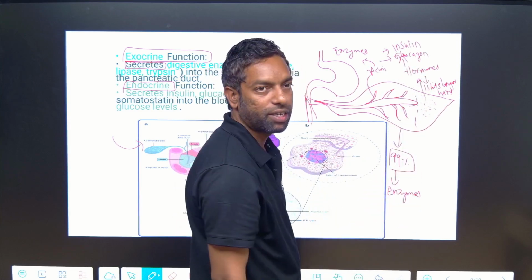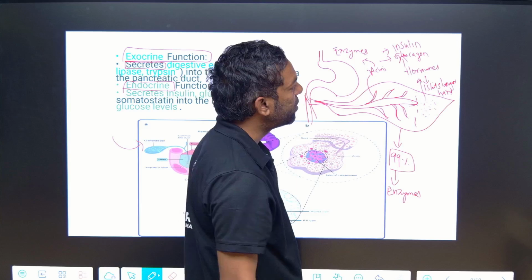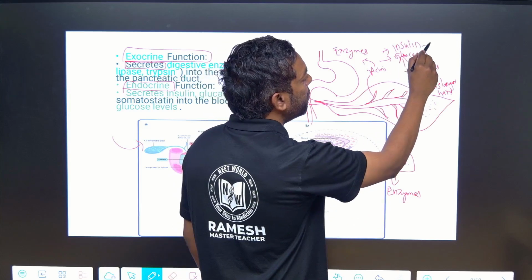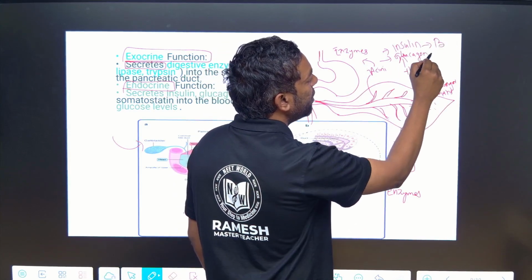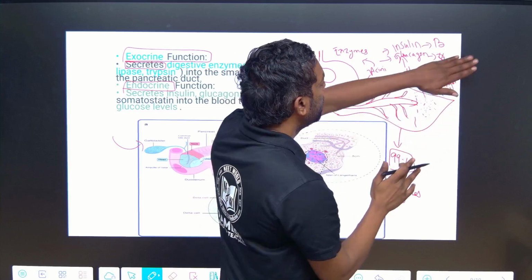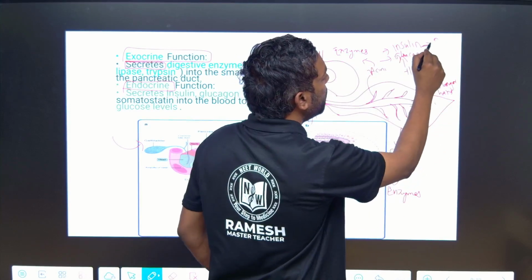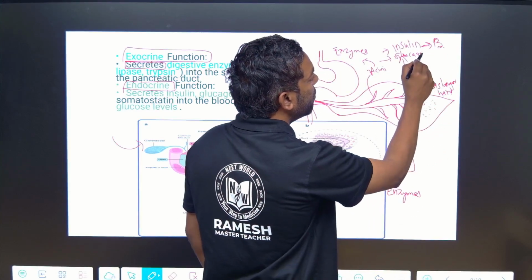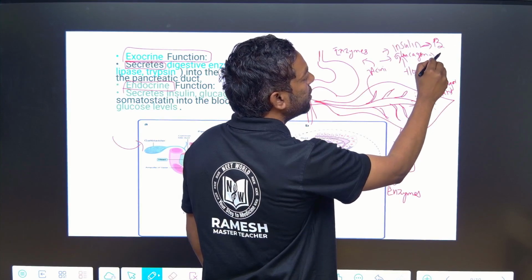There are separate cells which produce insulin and glucagon. Beta cells produce insulin, alpha cells produce glucagon.